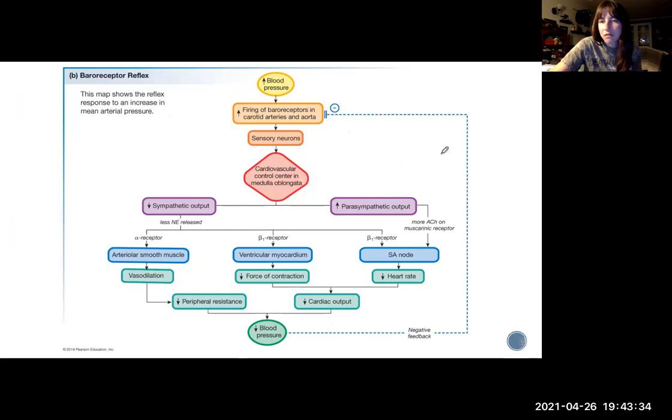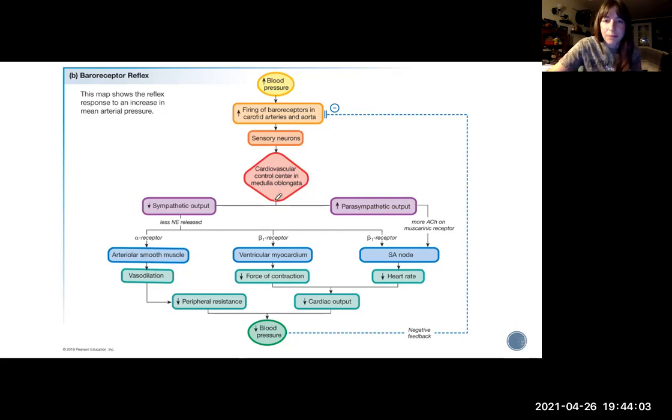Okay, so here's a little chart of this negative feedback loop. We already talked about negative feedback loops in part A, and we used blood pressure as an example. At least I did if you took my class, but it's a pretty classic example. If blood pressure goes up, those baroreceptors in the aorta and the carotid arteries are going to be triggered. They will send the signal up sensory neurons to the medulla oblongata. So the brain, right?